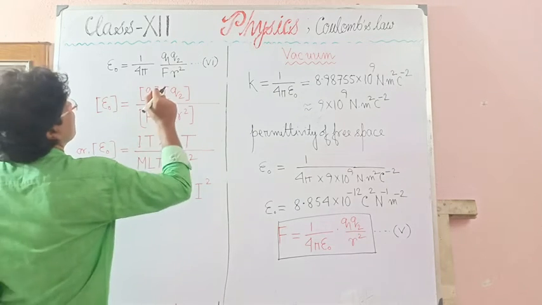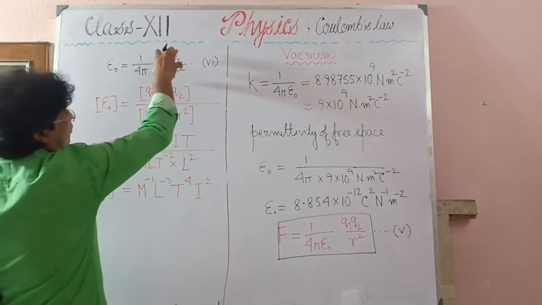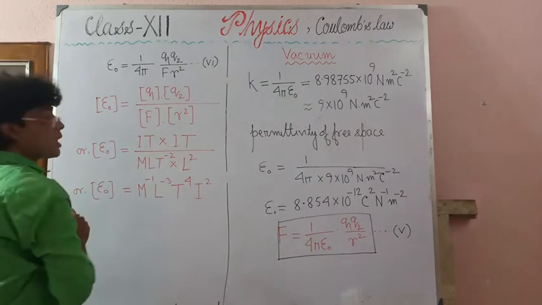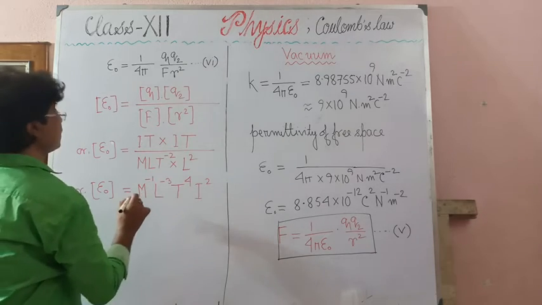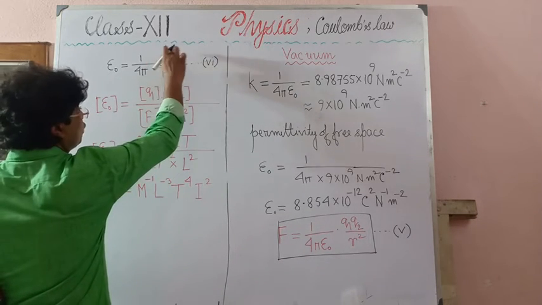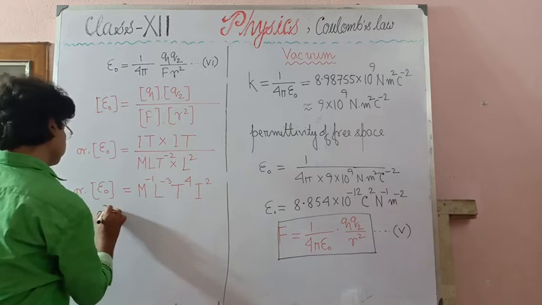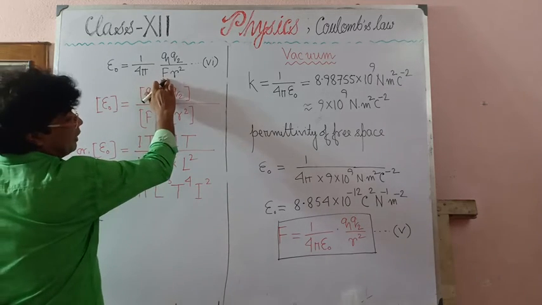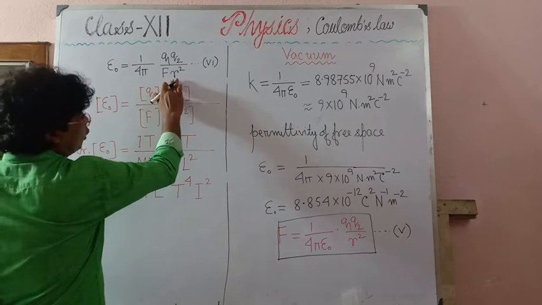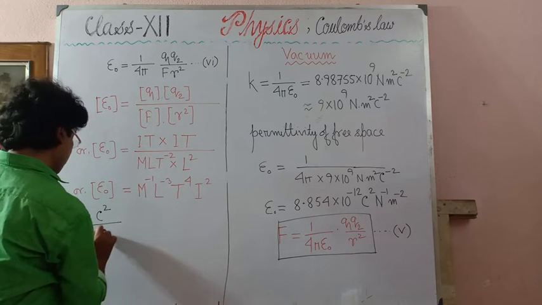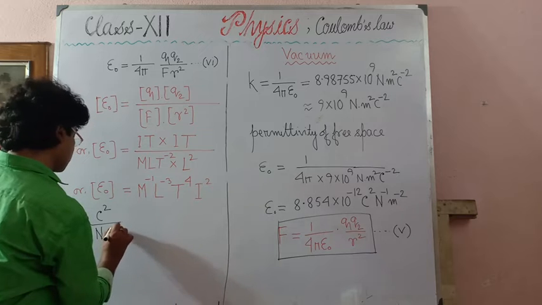So, what comes out from this equation is that the unit of epsilon 0 is Coulomb into Coulomb, Coulomb square by Newton into meter square, Coulomb square per Newton per meter square.